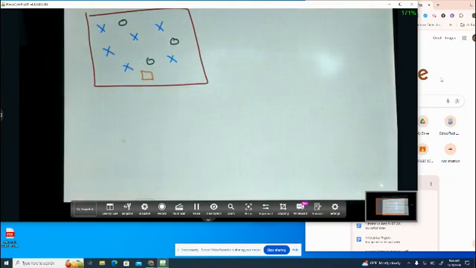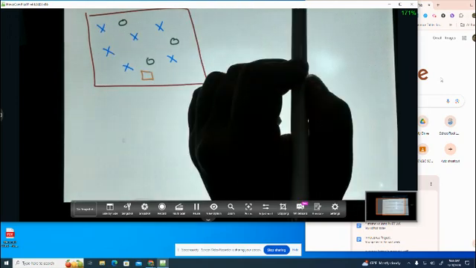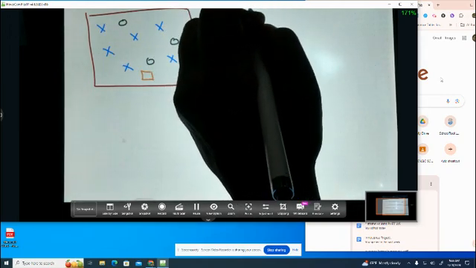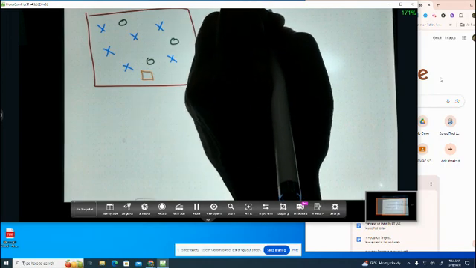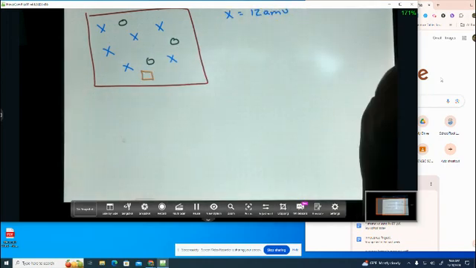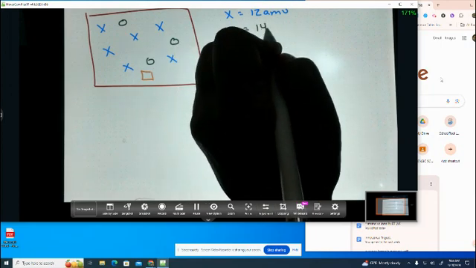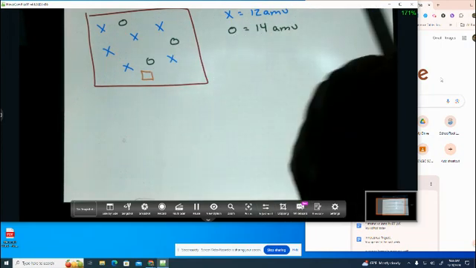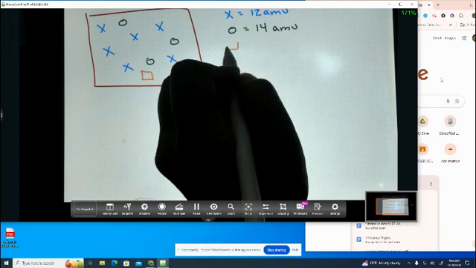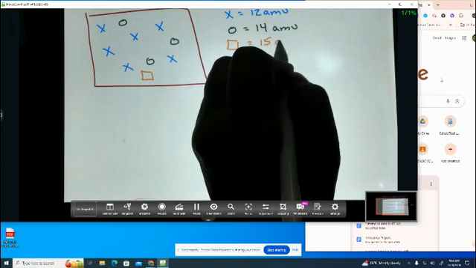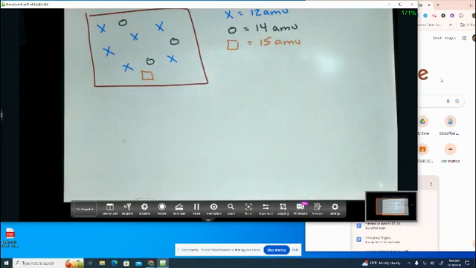It's a very perfect square. If the X's weigh 12 atomic mass units and the circles weigh 14 atomic mass units and the square weighs 15 atomic mass units, can you find the average isotopic mass?